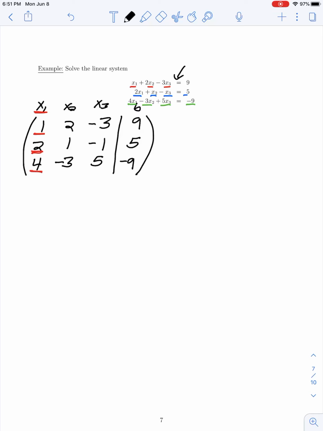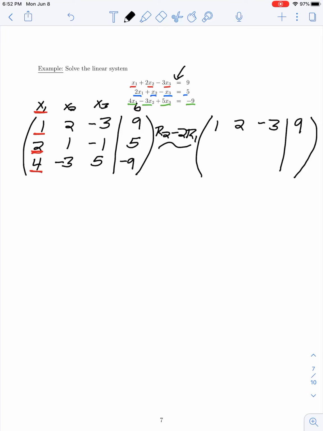We would say that this augmented matrix is equivalent to the matrix that we would get by performing the following row operation. I'm taking row 2, denoted R2 instead of E2 since I'm no longer working with equations, and I'm going to subtract 2 times R1. My first row I'm leaving alone. I still have the entries 1, 2, negative 3, and 9.